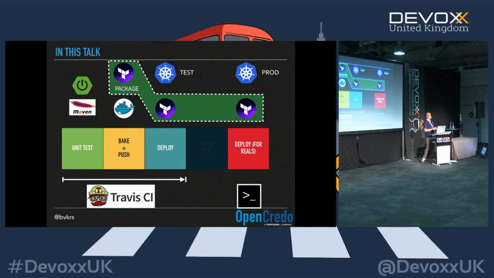So we've got that package now, and I want to show you a bit of what it looks like in an actual pipeline. So this is the pipeline from before, building on what we think some of the best practices normally are. I want to call out this bake and push section, because normally we would build the Docker image here and push it, and we're still going to do that.